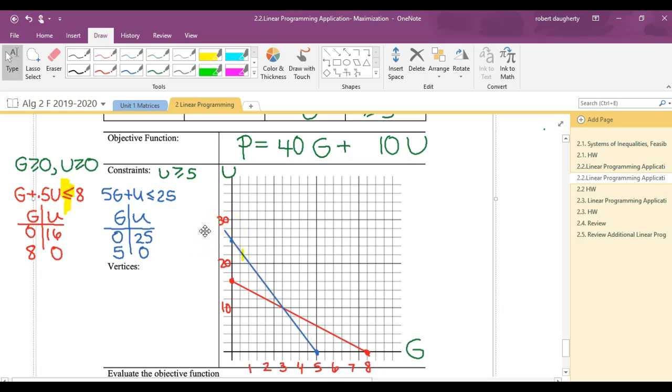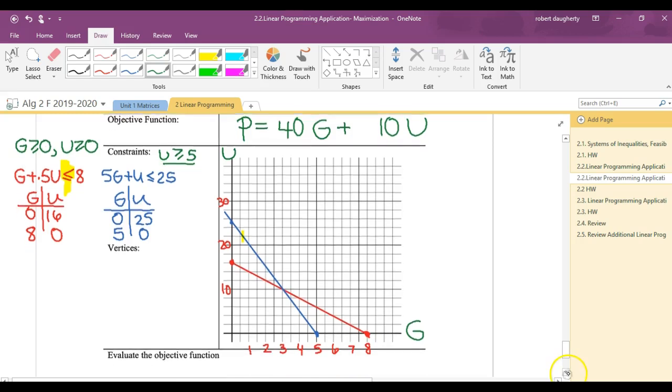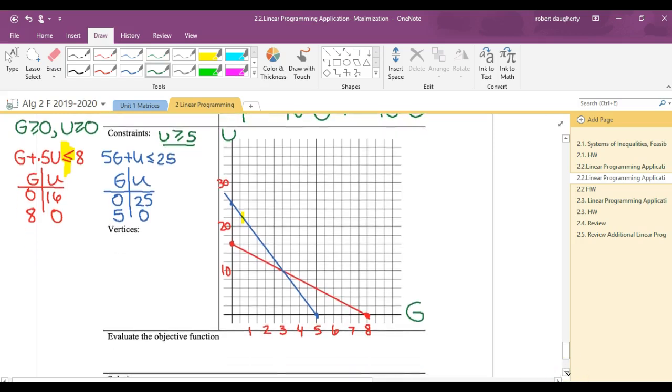So I'm shading below both of these lines, okay? But I've got another condition. U is greater than or equal to 5. So look at your U axis, which is this vertical axis. 2, 4, 6, 8, 10. So somewhere right in here is 5, right here.